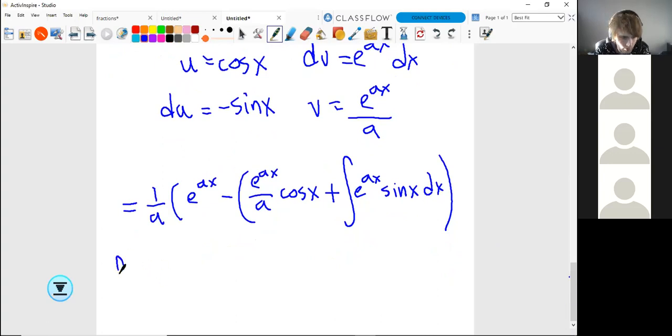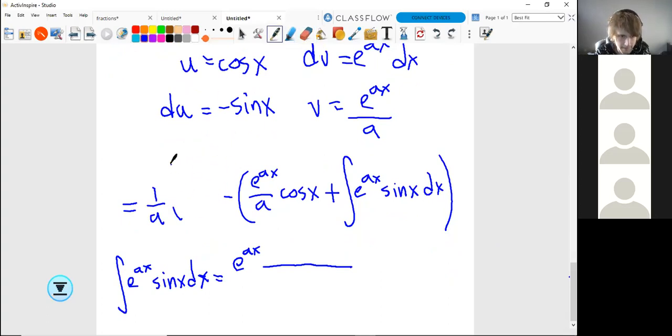So what we have is the integral of e to the ax sine of x dx is equal to, I'm going to pull an e to the ax out of these things. So e to the ax times, oh, there should be a sine x on this, shouldn't there?